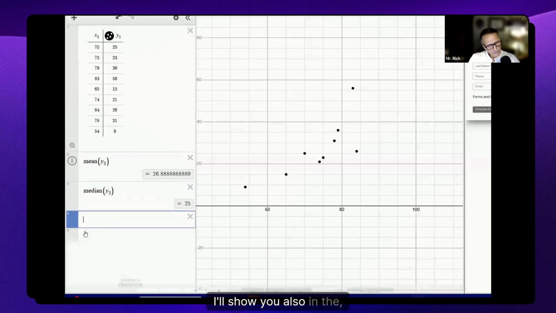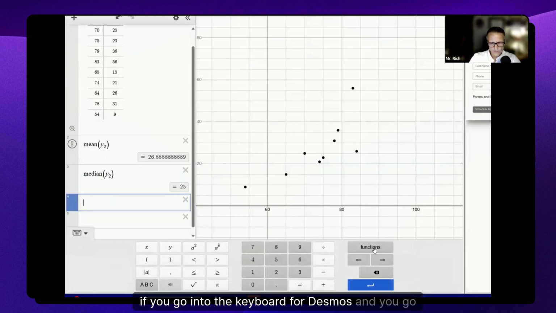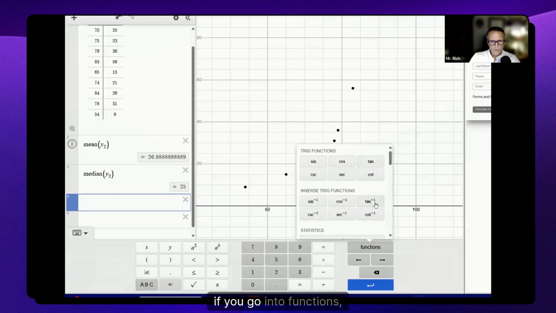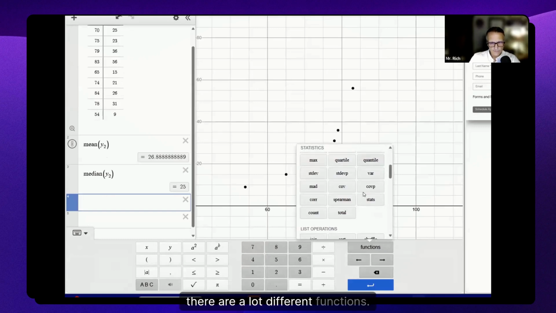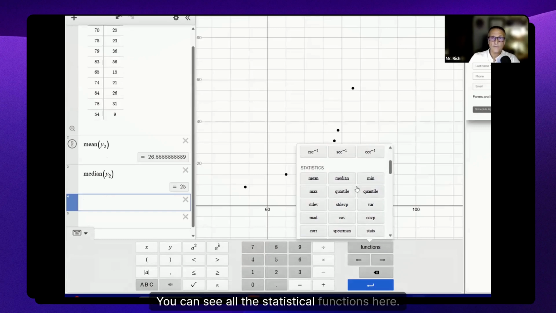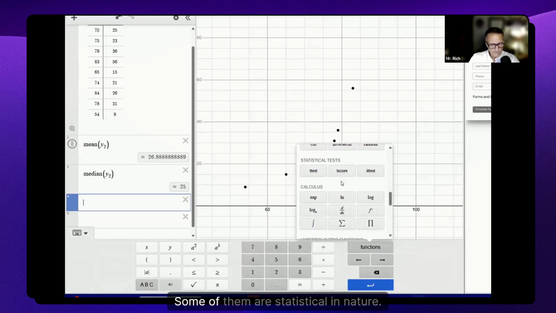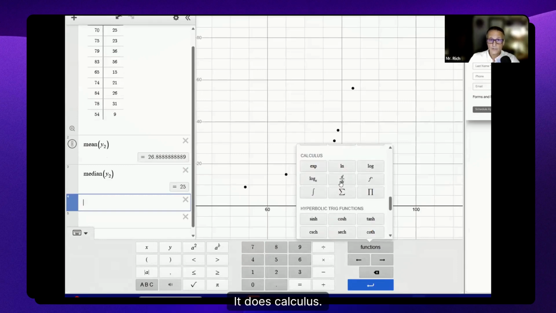I'll show you also if you go into the keyboard for Desmos and you go to functions over here, if you don't see what you're looking for on this main keyboard, if you go into functions, there are a lot of different functions. You can see all the statistical functions here, but there's a lot of things down here that it does. Some of them are statistical in nature. It does calculus.